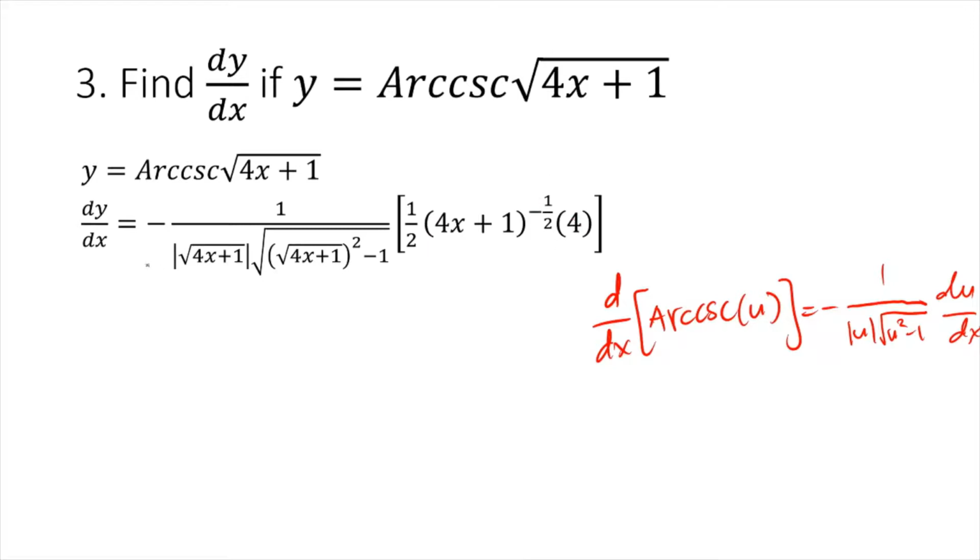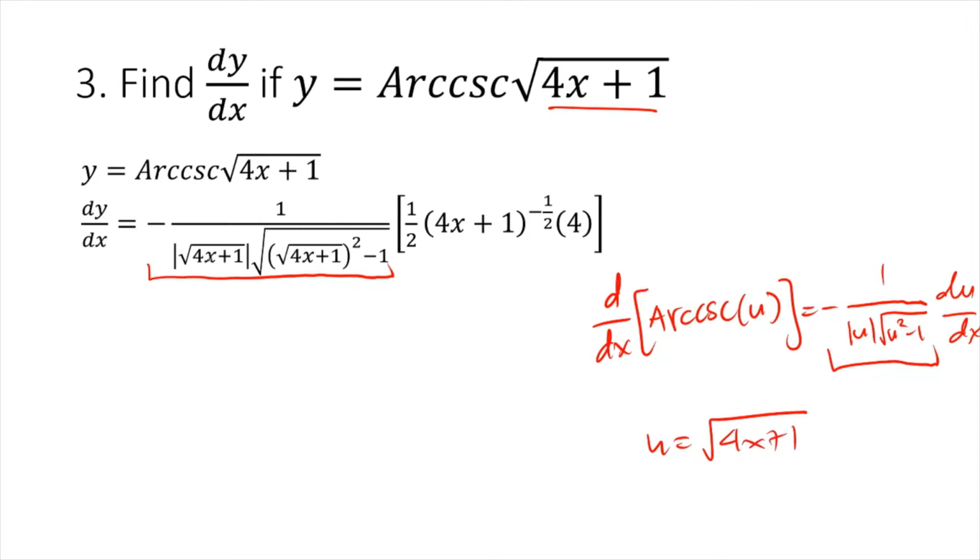The first part of the formula of the derivative represents this part, right? So negative, and then 1 divided by absolute value of u. u in this case is square root of 4x plus 1.